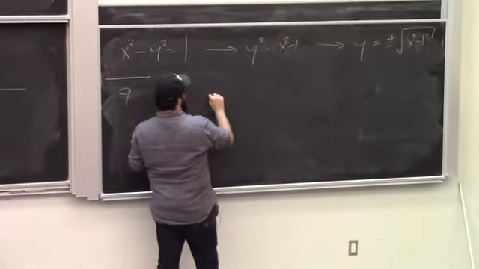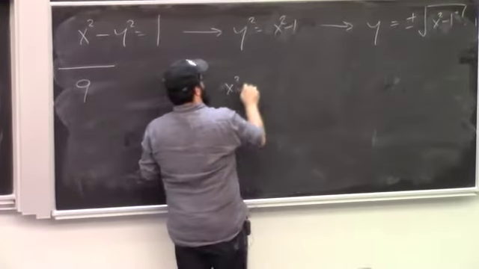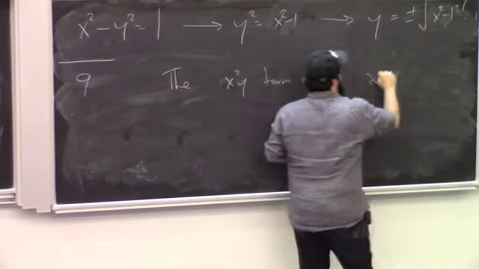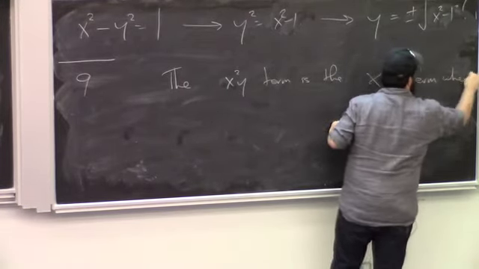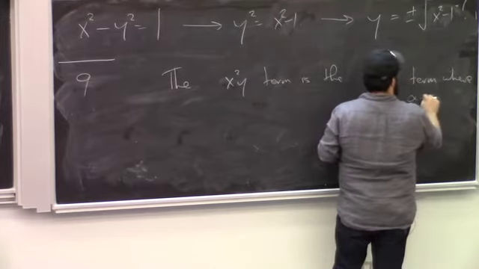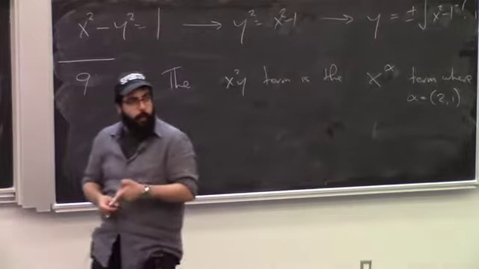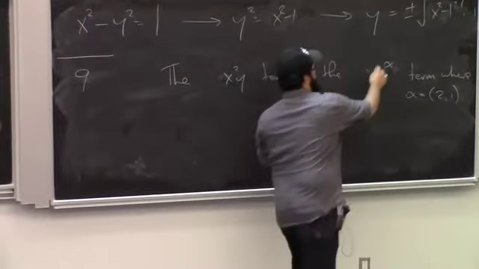So the x squared y term is the x to the alpha term where alpha is 2, 1, right? 2 copies of x, 1 copy of y. Or excuse me, do you guys use this notation?